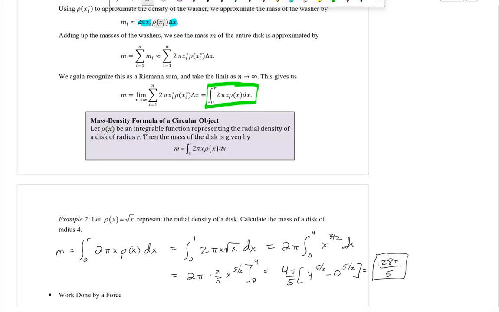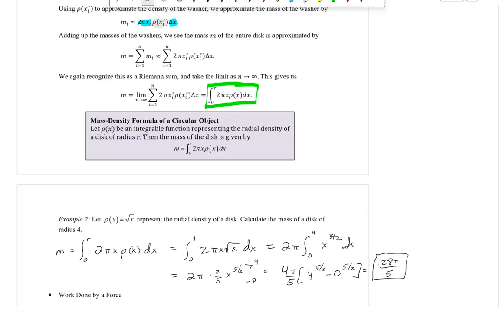But what if I just want to find the mass of some random thin plate that has whatever shape? It's not circular, and maybe it varies its density across this plate in some unpredictable ways, unlike the circular nature of the one we just did.